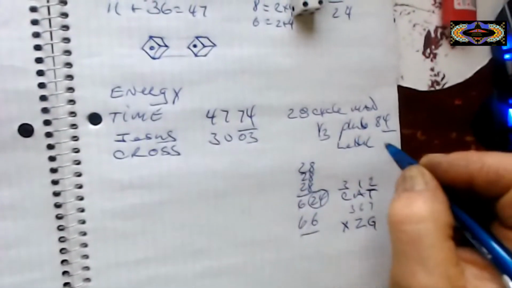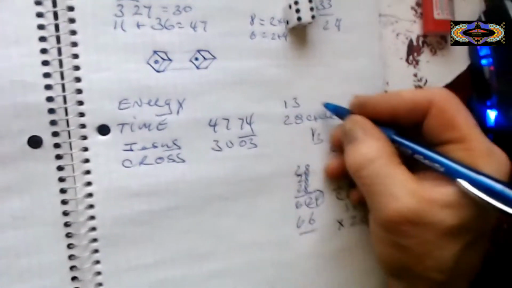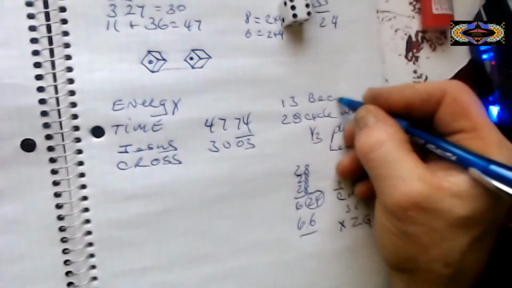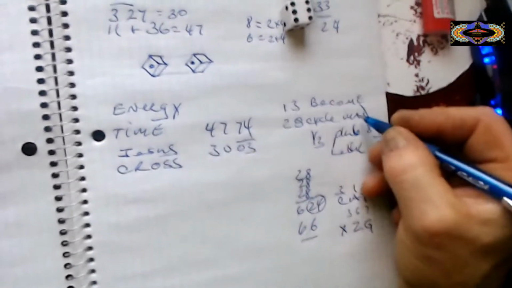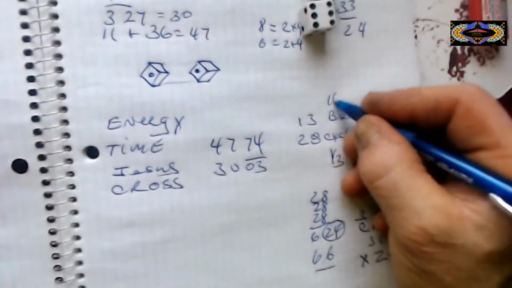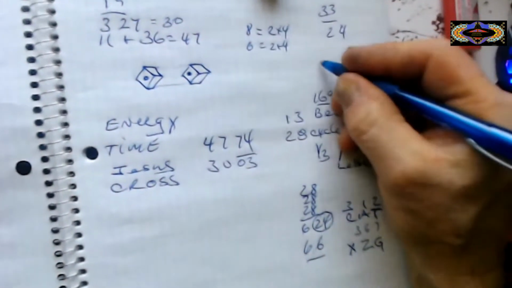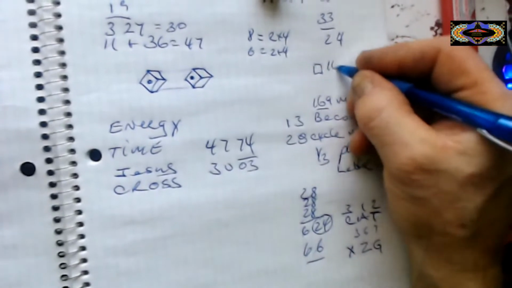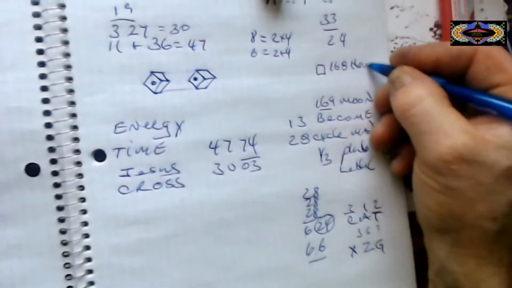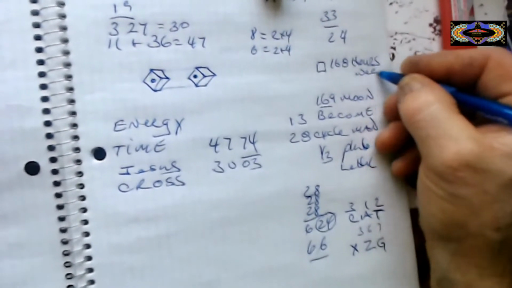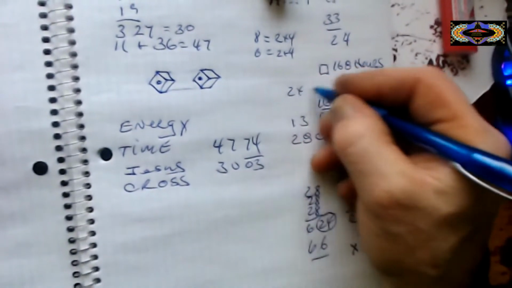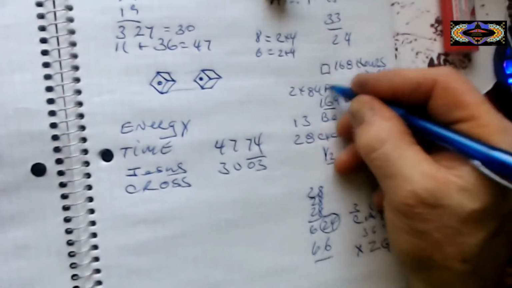Since man is 1/3, we also know that in order to become man, you have to be 169 moons, which means there's 1 moon in the center of 168, or the hours in our week, which is 2 times 84 Pluto.